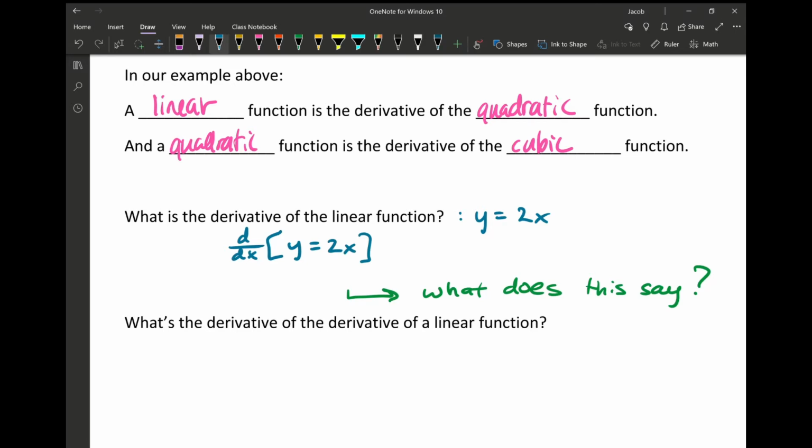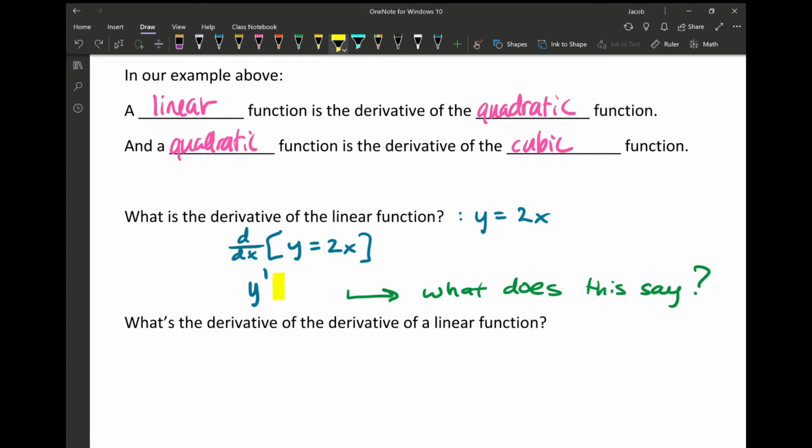So all this says is y prime, that's what y looks like after you've taken the derivative of it. X, because this is with respect to x, will reduce in power, and you'll see this pattern later.